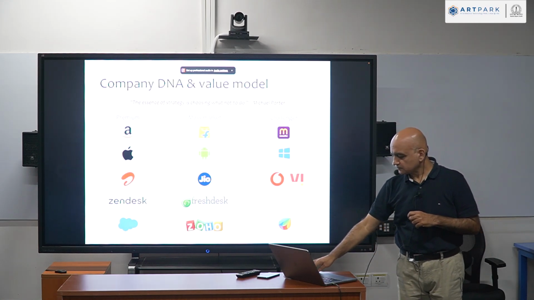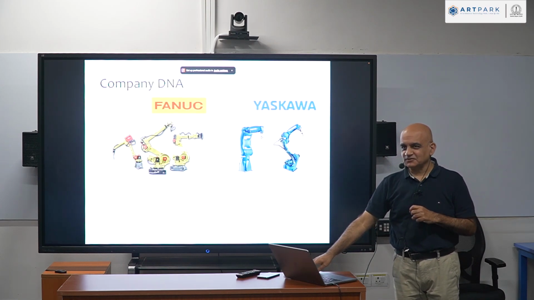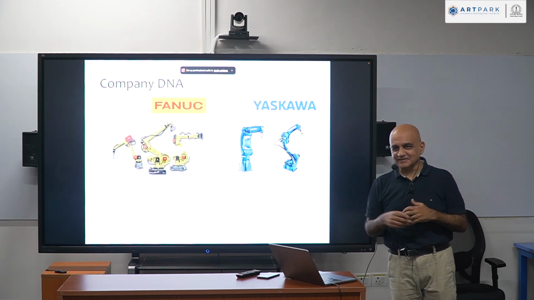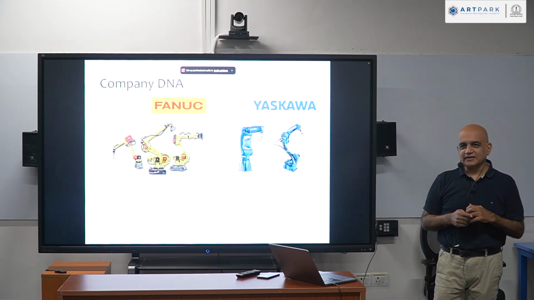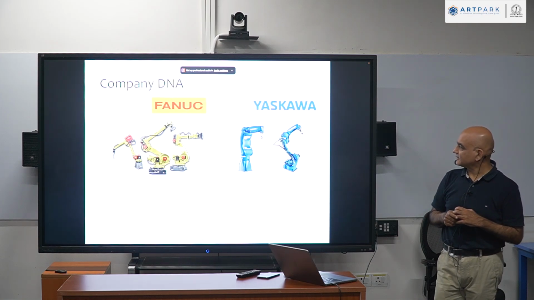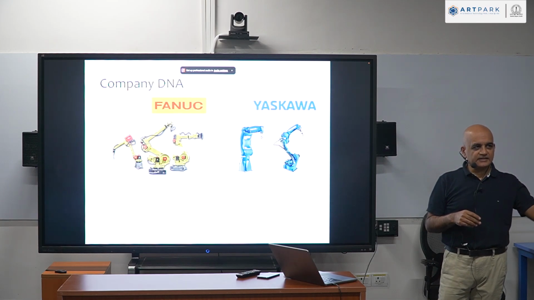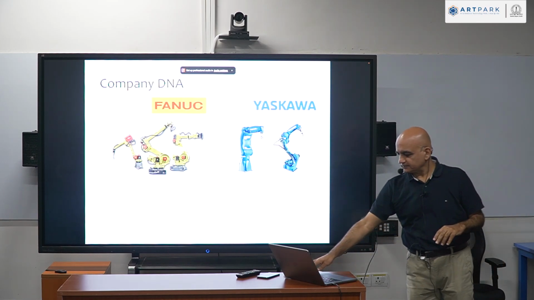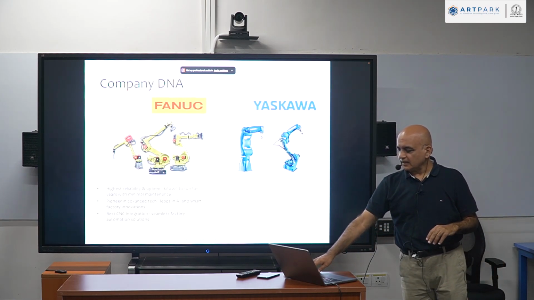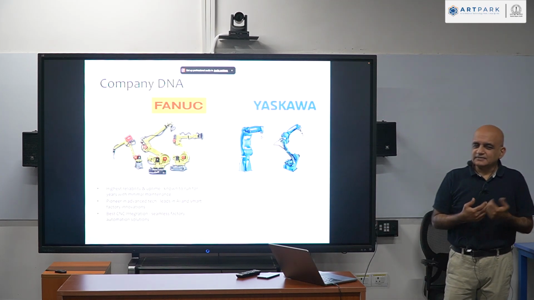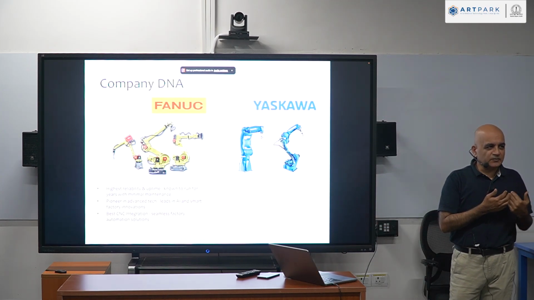You might say, okay, that's all random companies, but what about deep tech companies? I think it's equally true for deep tech companies, whether it's, you look at, this is the robotics world. Fanuc, if you look at it, is always treated as a premium company. And not only that, it's treated as a premium company not because their prices are more.